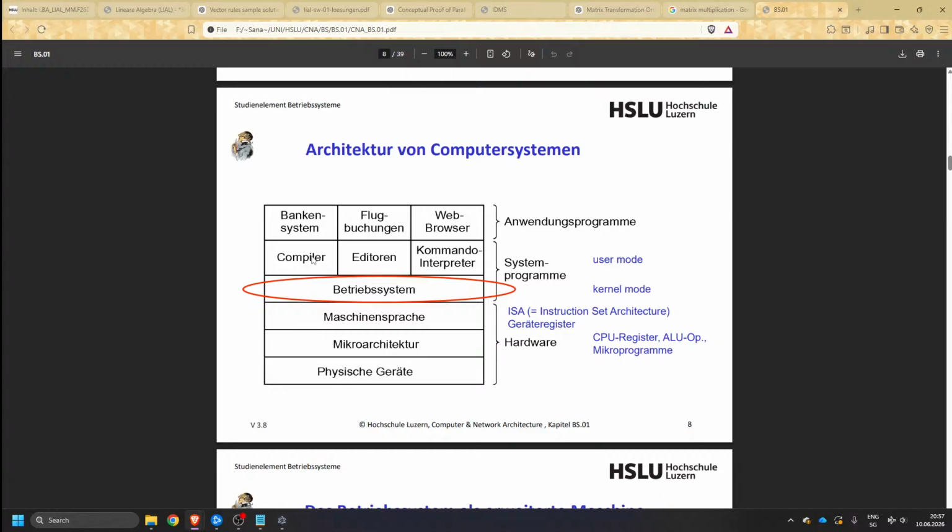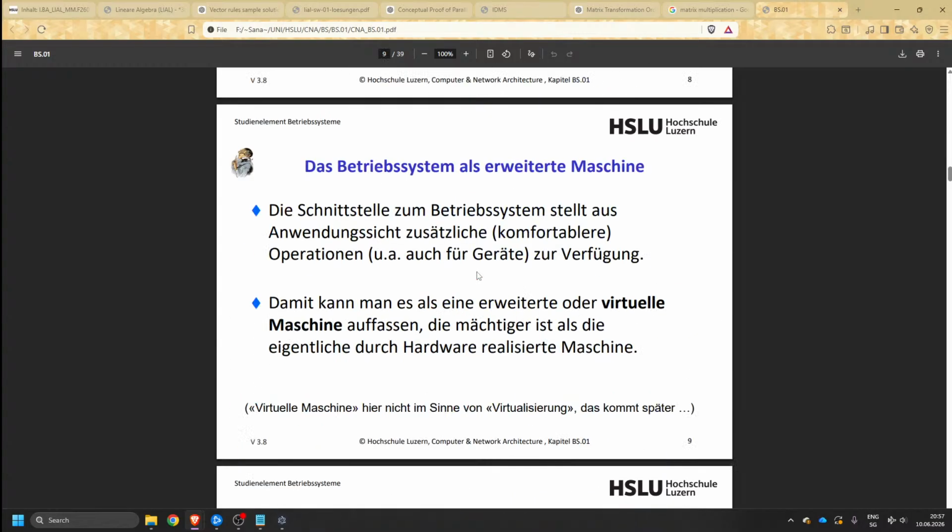I think we're already in user space now. Yeah, compilers run in user space. Editors and command interpreters are still considered part of the system. Then we have web browsers. These are clearly applications.